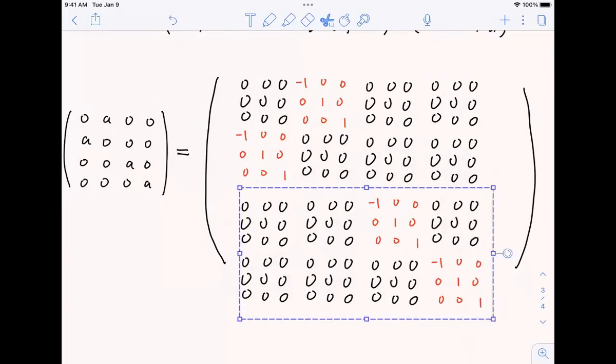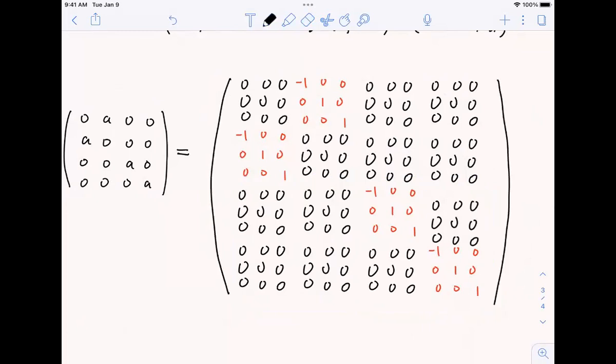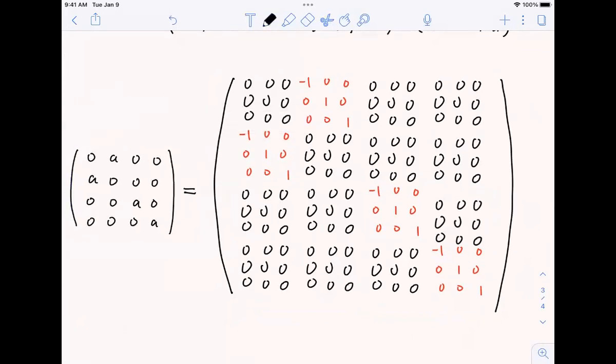Okay, so the whole matrix looks like this. So what is the character? The character, you just sum over the diagonal. The character is basically this thing.